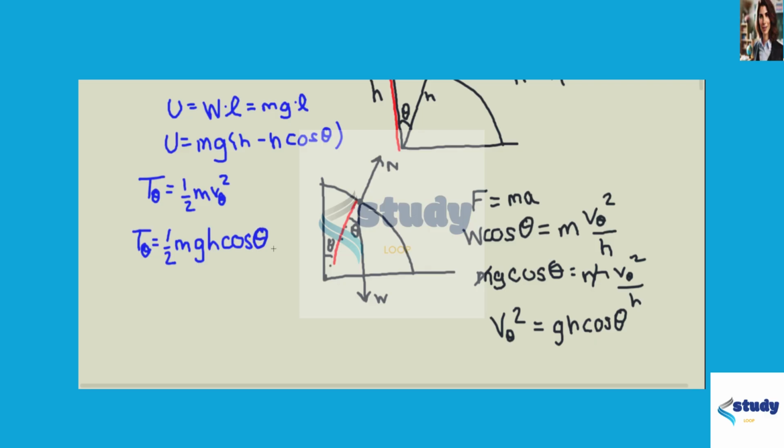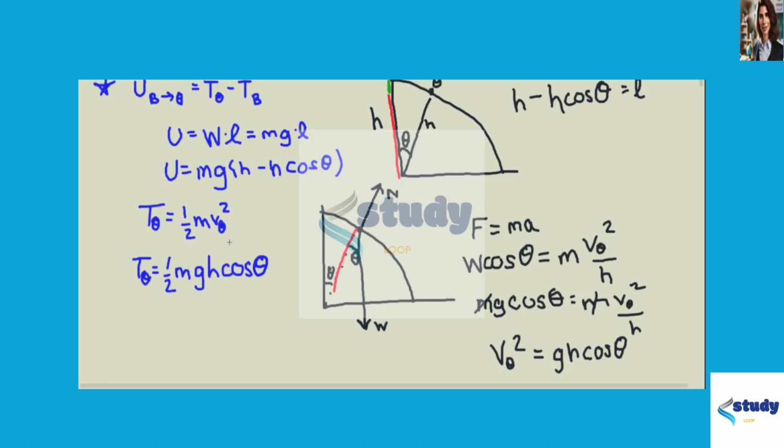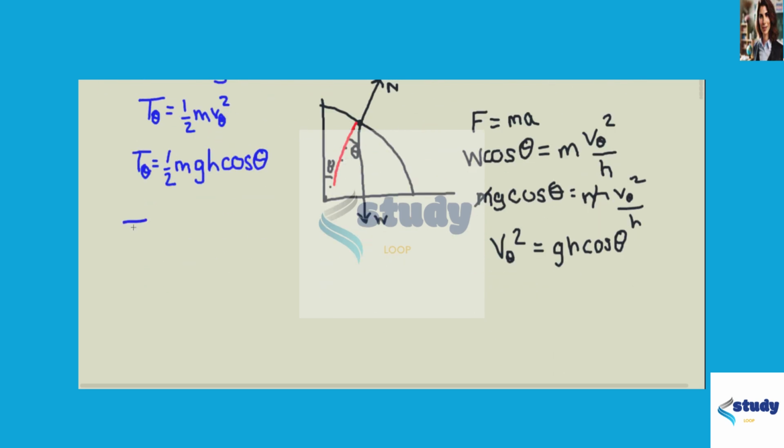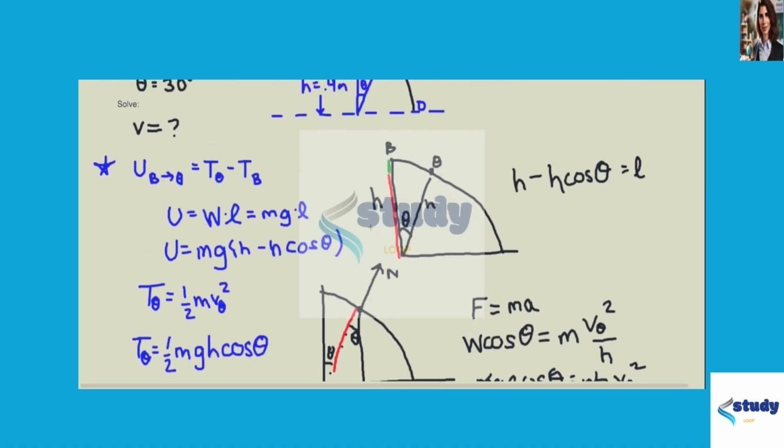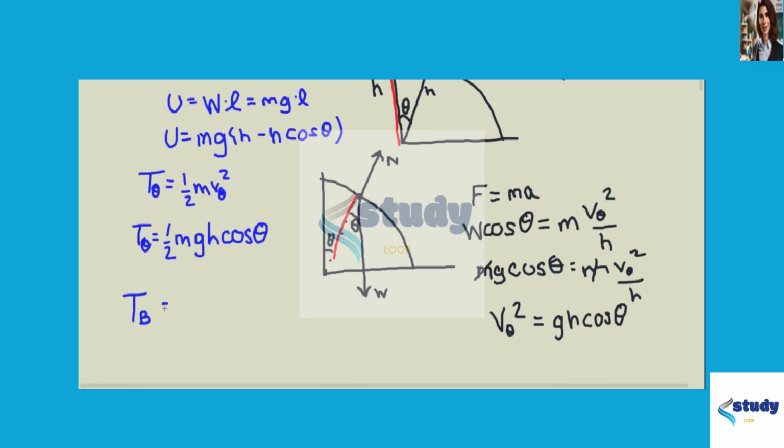Okay, so lastly, in our principle of work and energy equation, we have to find the kinetic energy at point B. So kinetic energy at point B. And at point B, if we scroll back up to the top, we only have kinetic energy working here. So this is just our kinetic energy formula, 1/2 mv squared. And that is the velocity that we are solving for.